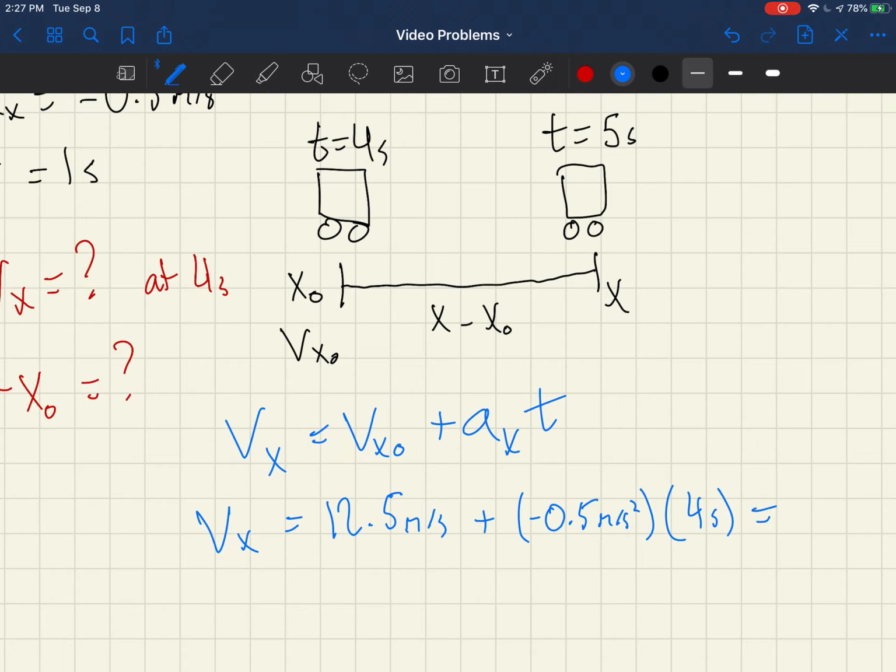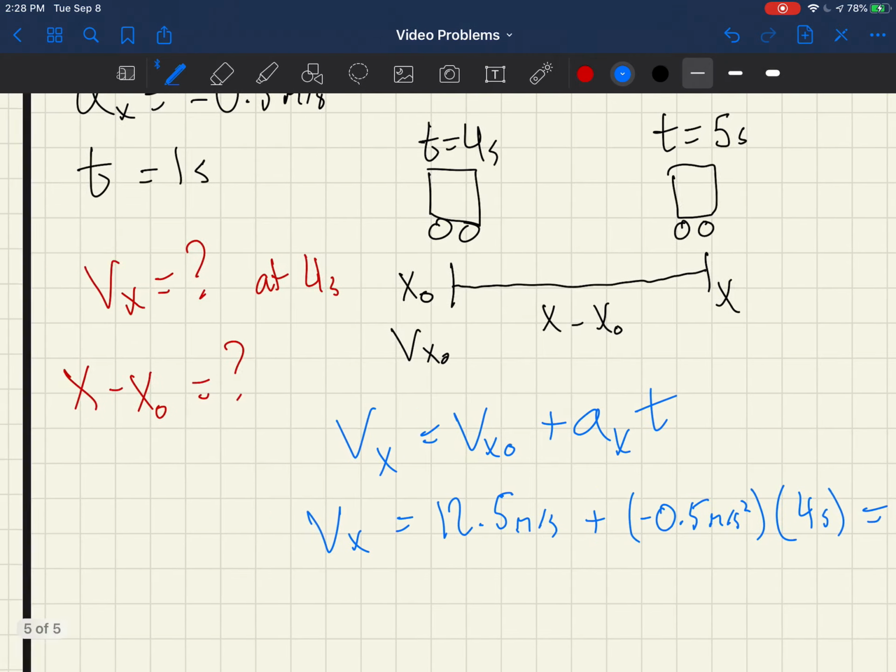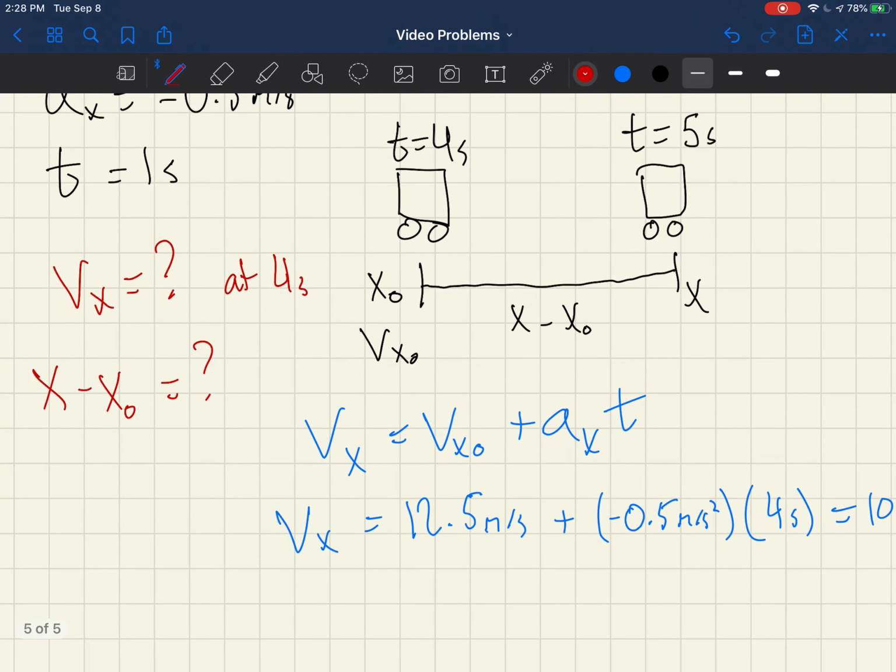So we can just plug that in to our calculator. 4 times negative 0.5 is negative 2 plus 12.5 is 10.5 meters per second. So we know after 4 seconds of motion, the car is traveling at 10.5 meters per second. That is going to be our initial Vx0 at 4 seconds.